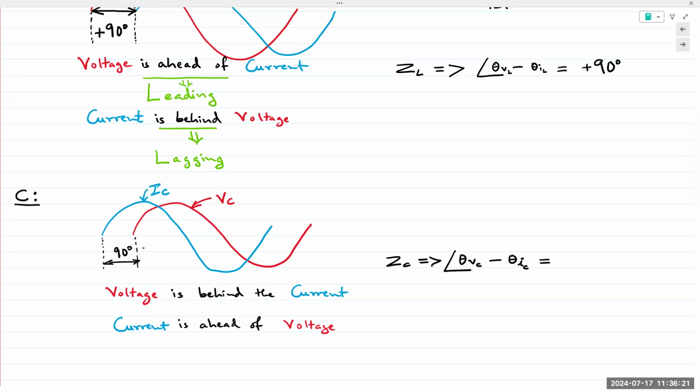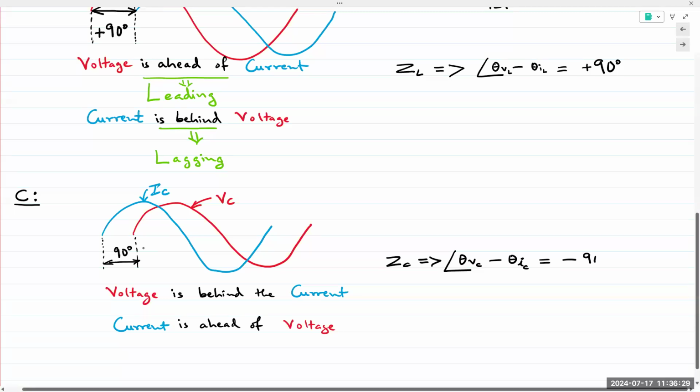But because the voltage is behind the current, meaning voltage for a capacitor lags the current, there's always a difference of minus 90 degrees. This is a constant. This is inviolable. That does not change. So a capacitor impedance is always minus 90 degrees. An inductor impedance is always positive plus 90. That's where it comes from.